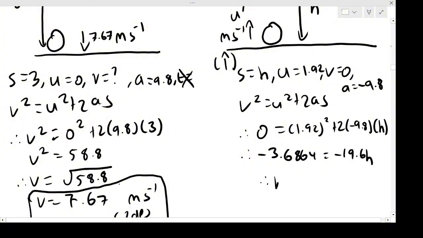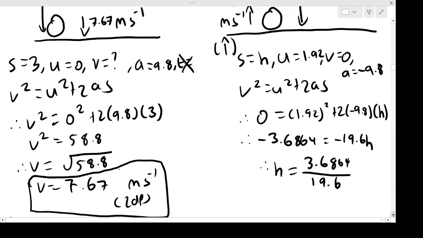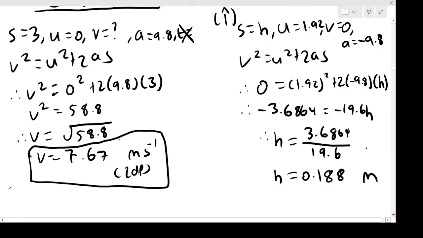Then I can just divide. So H is going to be 3.6864 over 19.6. So then I get H to be 0.188 meters to 3 decimal places.